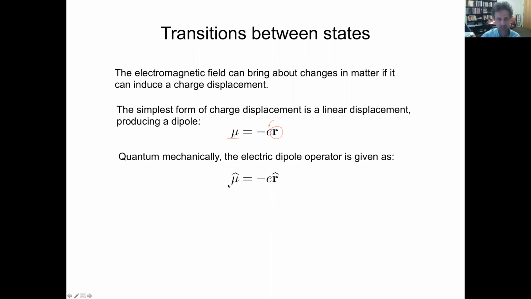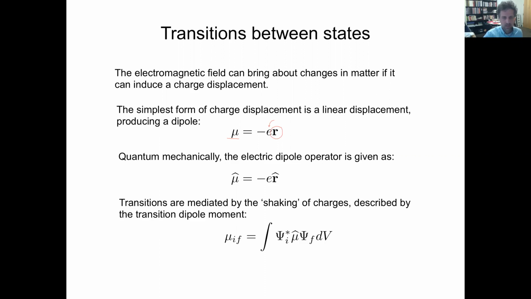So this is an electric dipole operator, and it's proportional to the electron charge times r, the position operator, where the position operator now indicates the movement away from the equilibrium position that the electron had. So the following is a very important statement in quantum mechanics: transitions are, of course, mediated by the shaking of charges, and the magnitude of that is described by the following transition dipole moment.